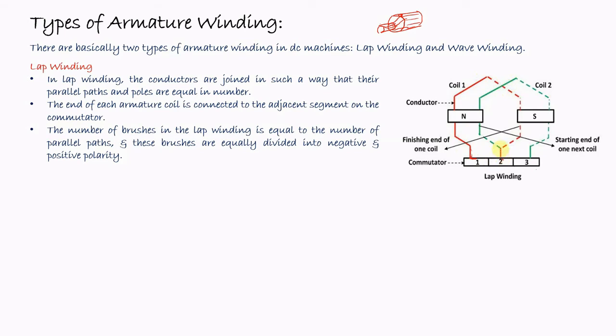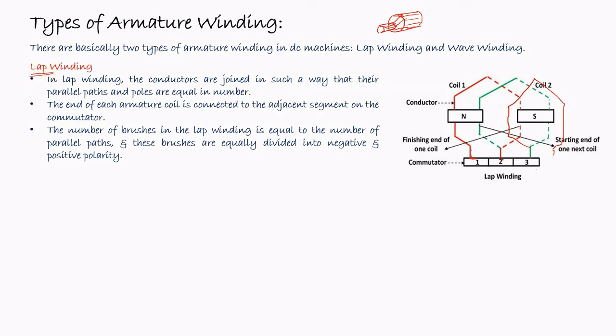The second turn will start from the same point, segment 2, and it will end at segment 3. Similarly, the third turn will start from segment 3 and end at segment 4 and so on. So we can see that each turn overlaps the previous one. That's why this is considered a lap connection.